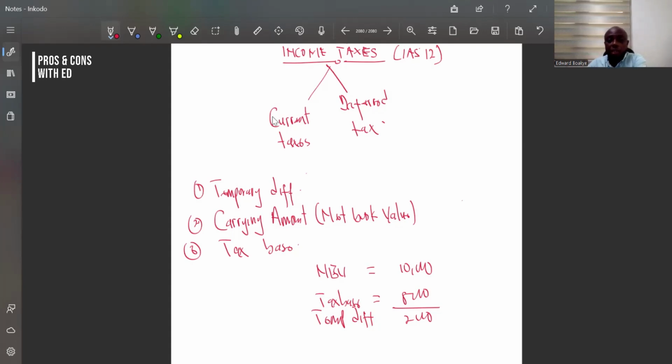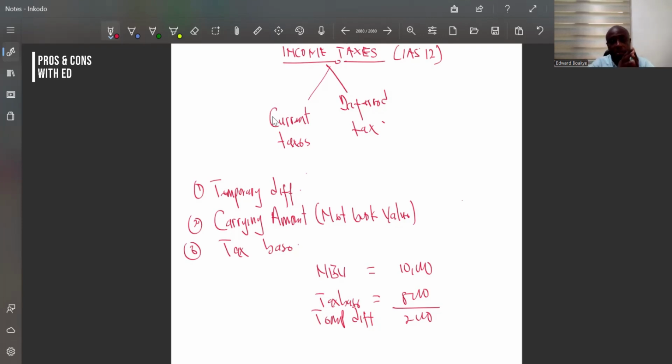So let me go back again. Carrying amount is calculated based on accounting principles. However, the tax base is calculated based on what? Tax laws, the tax laws of the jurisdiction that we are in. Again, whilst the accountant is calculating depreciation, the Ghana Revenue Authority will be calculating what?